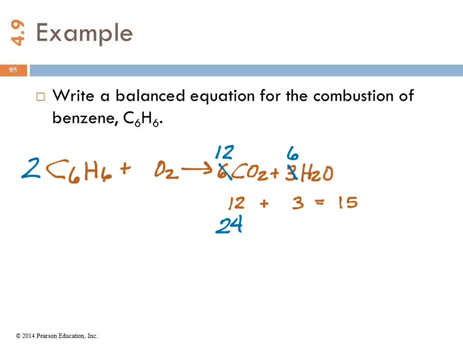Under water, we have 6 oxygens, and that gives us 30 oxygens on the right side, an even number. And so then we put a 15 in here. The same thing has been accomplished, but we didn't use a fraction, and most people seem to think that this way makes a little more sense.